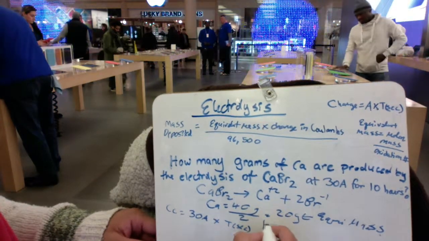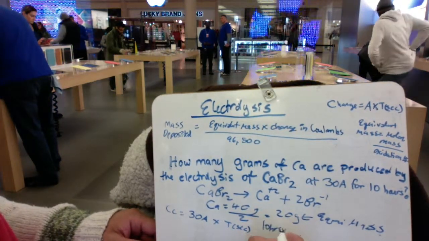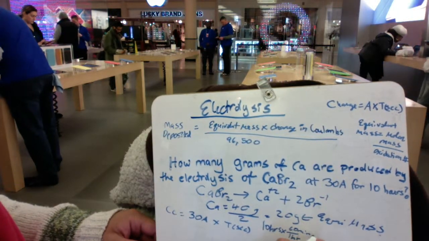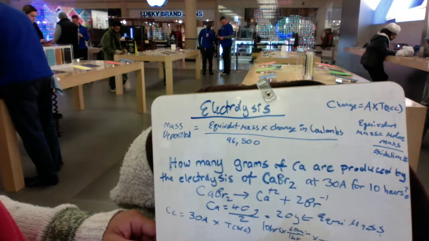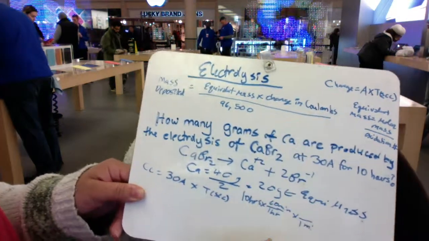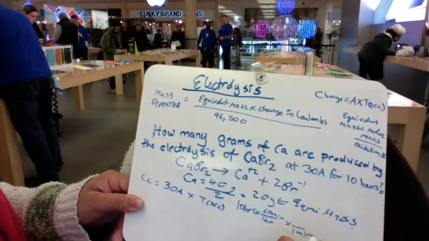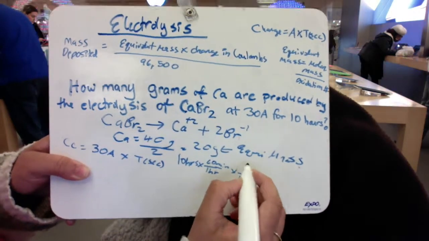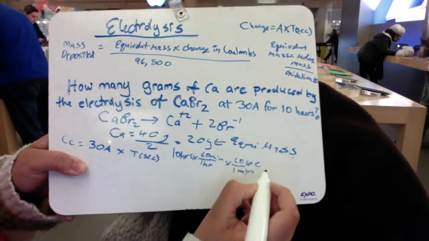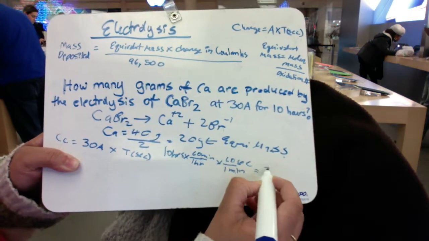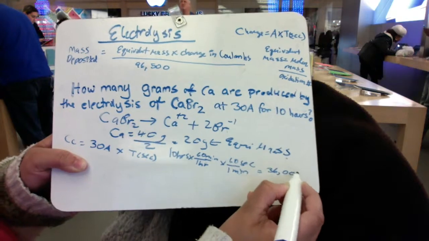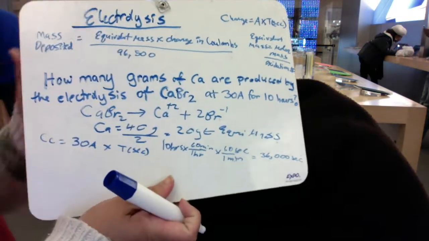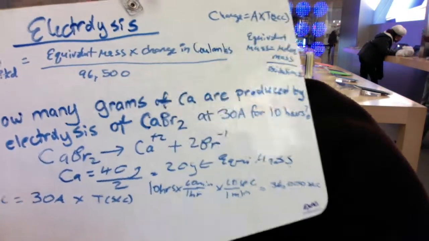So it's 10 hours. 1 hour is 60 minutes, and 1 minute is equal to 60 seconds. So multiply everything and you get 36,000 seconds, okay?